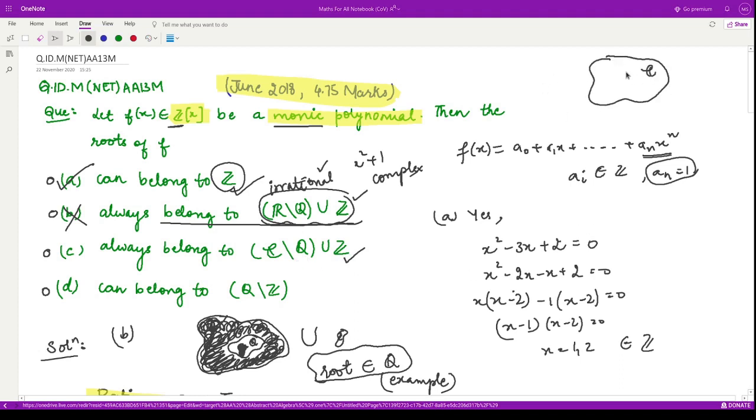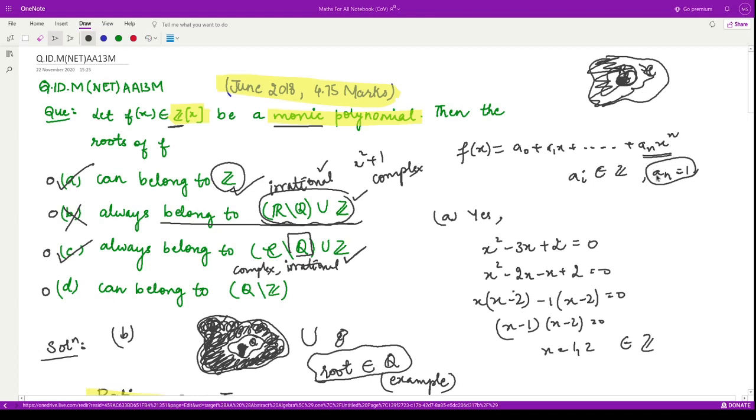This is our C. It has real numbers, then it has Q and then it has Z. They have subtracted this Q from C and they have kept this Z. So we have this Z and we have this whole thing except Q. The roots belong to Z, yes. They also belong to irrational numbers, yes. And they also belong to the set of complex numbers, except rationals. Therefore this option is correct.